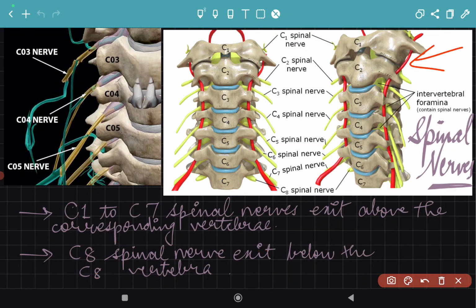In the same way, in this view also we can see how the nerve exits from the intervertebral foramina to reach certain body parts to supply them. So from C1 to C7, the corresponding spinal nerves exit above the corresponding vertebrae.